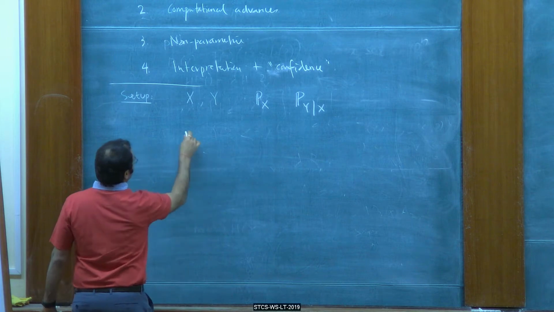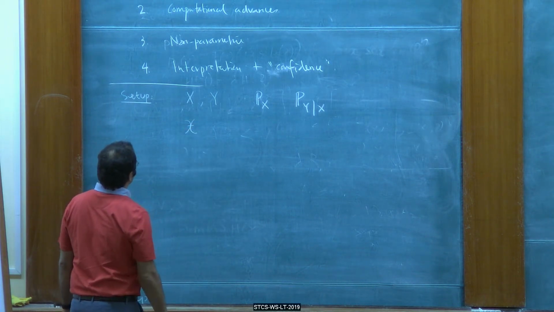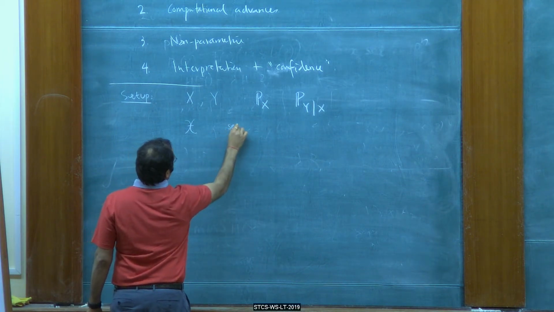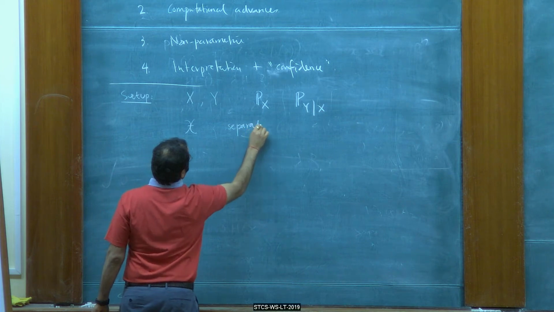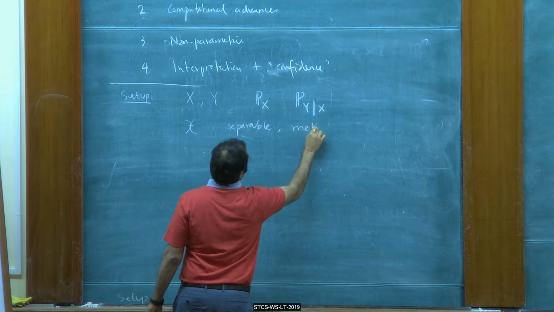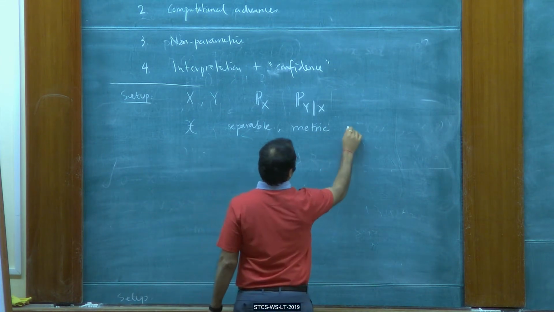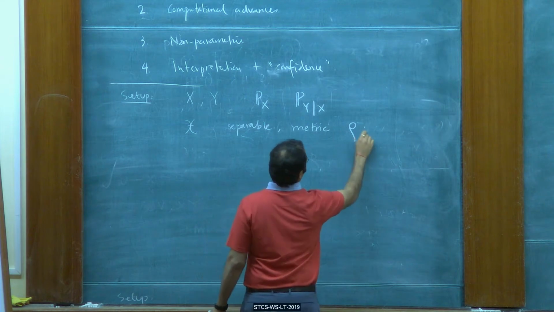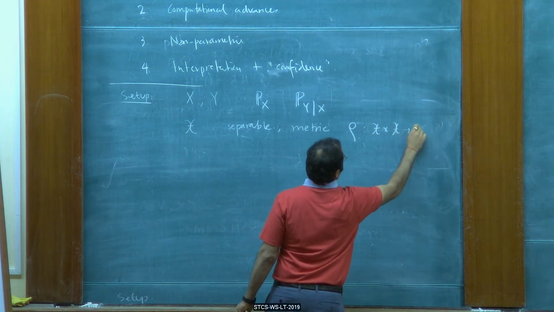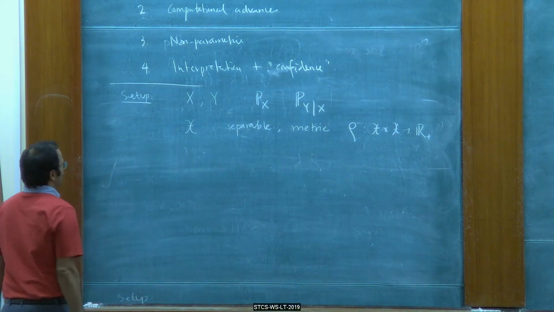Let's assume that the features live in some space X, and we'll assume that X is, to begin with, separable, and it is a metric space to determine the distances, and the metric I will represent as rho, that takes pairs from X and maps them to a non-negative value, and it is a metric.